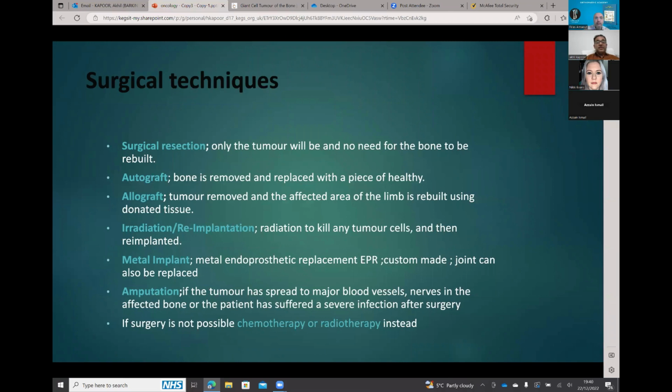And if a joint is involved, we can use a metal prosthesis to replace the joint that has been destroyed as a result of surgical excision. Unfortunately, sometimes these options are not possible, and there are several compartments of the limb involved, and the only option available is an amputation. There are some palliative cases where none of these surgical options are possible, and palliative chemotherapy or radiotherapy can be used to prolong the lifespan.